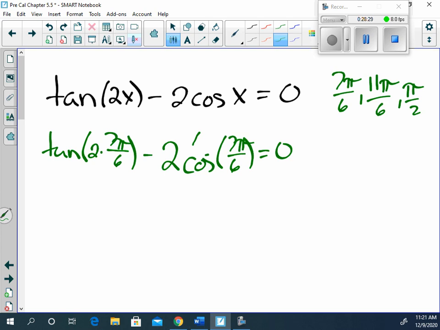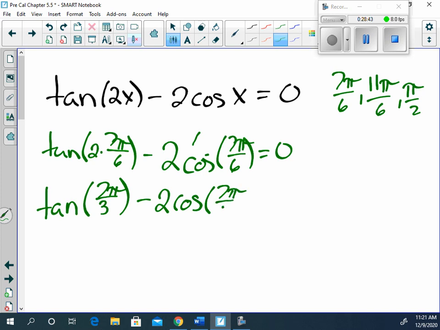Now 2 times 7 pi over 6, so that would be tangent of 7 pi over 3 minus 2 cosine of 7 pi over 6. 7 pi over 3 is the same as pi over 3, because 6 over 3 is 2, so we're one more than that.